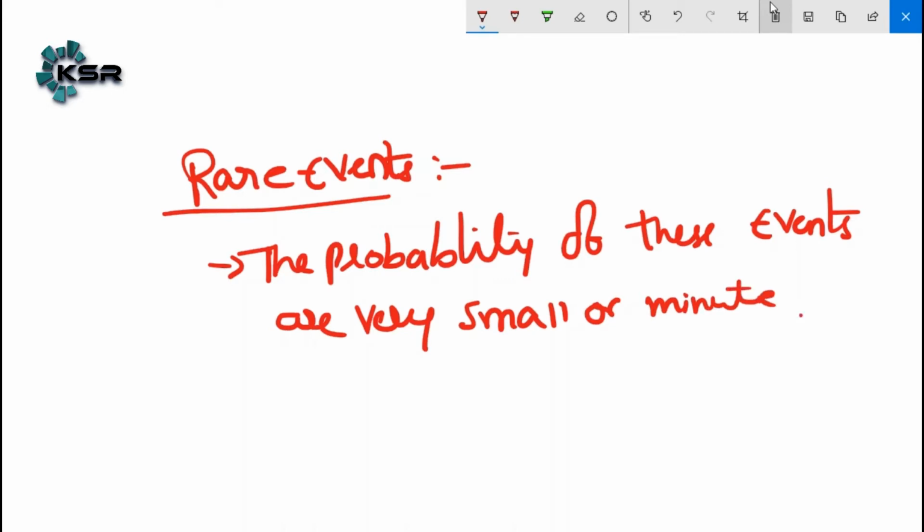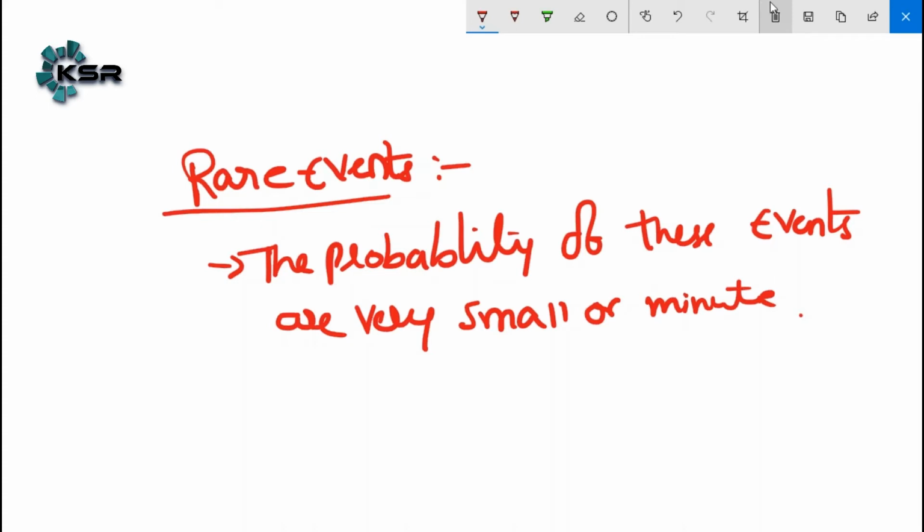For example, winning a lottery for the first time is fair. Assume winning a lottery consecutively 20 times in a row. Is it possible? No. Even if it is possible, the probability of those events is very, very less. Those events are called rare events.